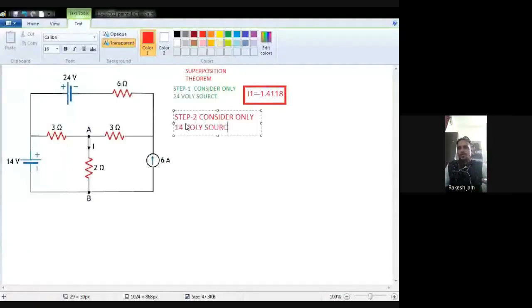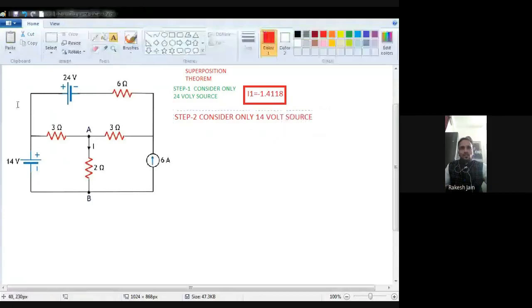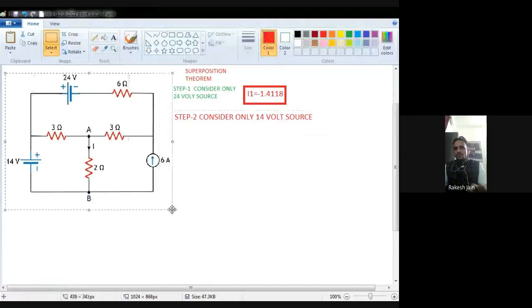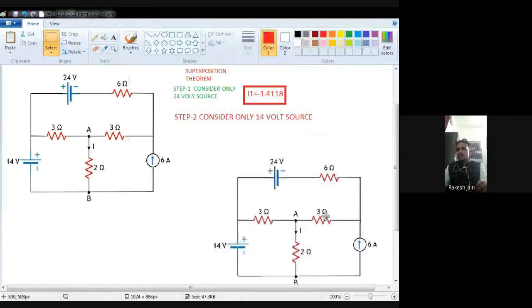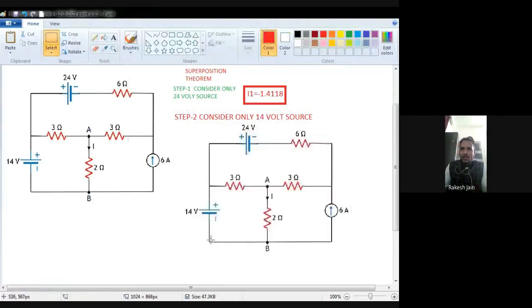So I just do it here. See, 5I1 minus 3I2. So minus 3 and I2 is what? Minus 2.353, and that is equal to 0.